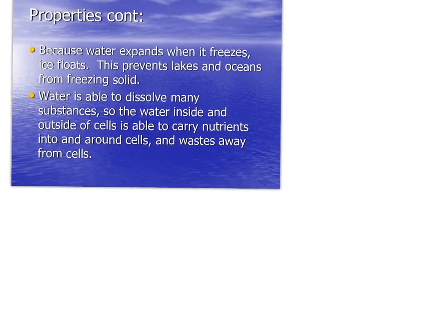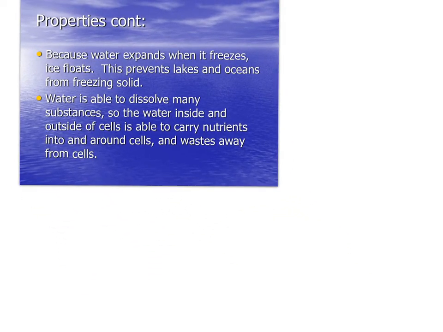Because water expands as it freezes, ice floats, and that prevents lakes and oceans from freezing solid. Now let's think about what that means. So if you have this bowl, and let's think of the bowl as a lake, and here's a hill, there's grass, and there's maybe a tree.